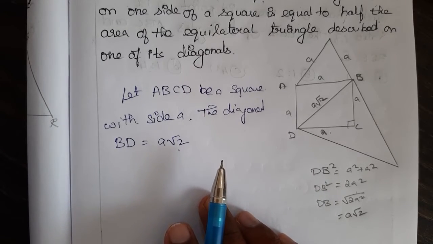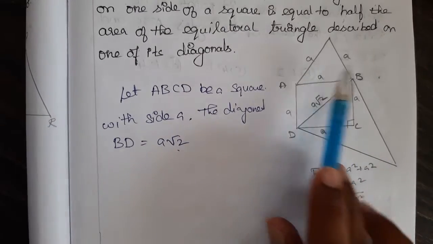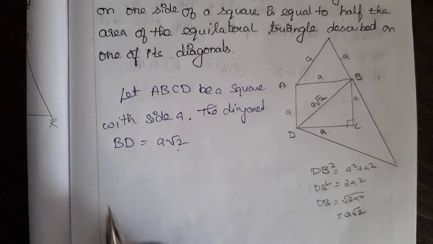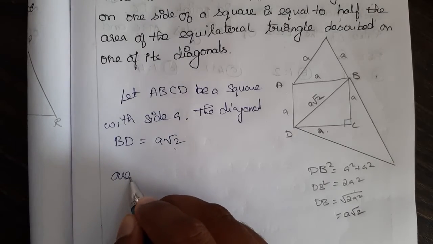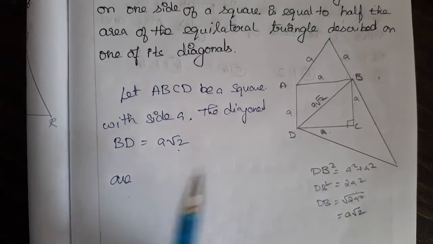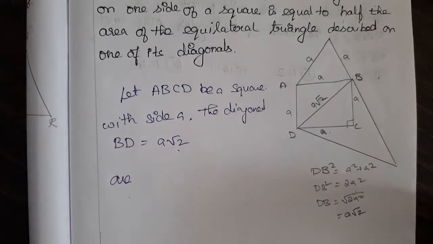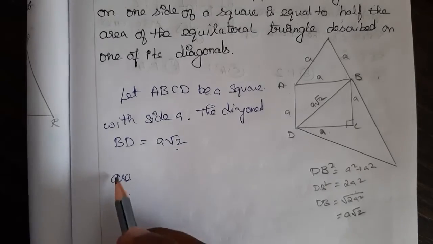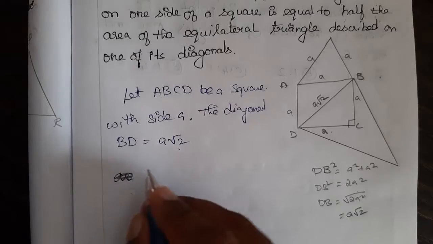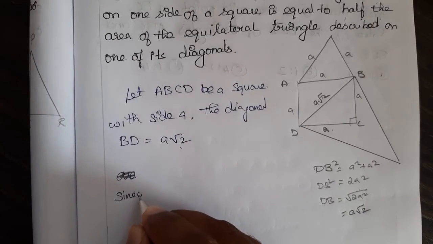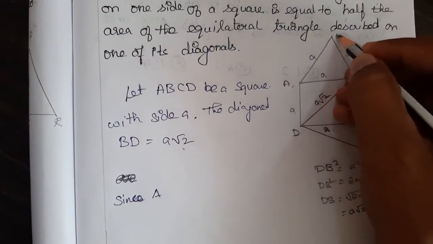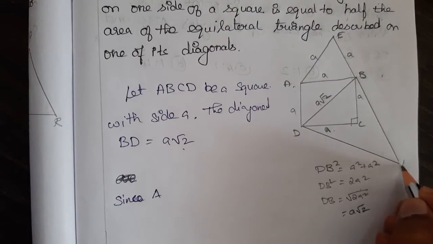So now we have to prove the area of this triangle to this triangle, right? Before going to prove the area, we should prove both are similar. Since both are equilateral triangles, the angles are equal, so we can say both are similar. Let me name them triangle ABE and DBF.